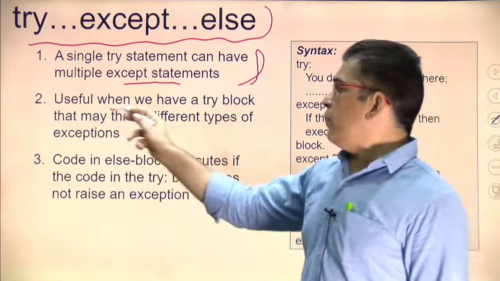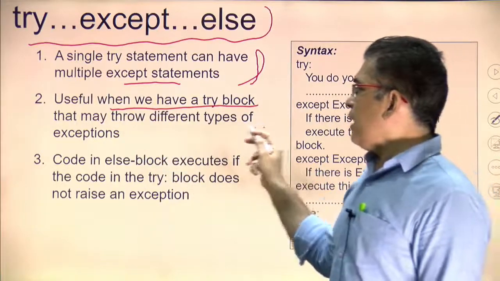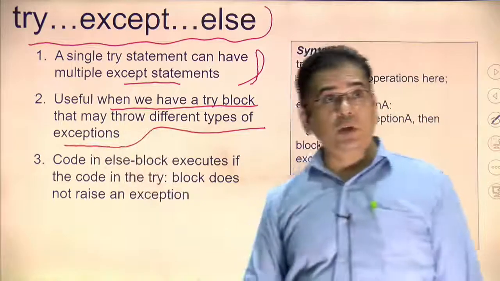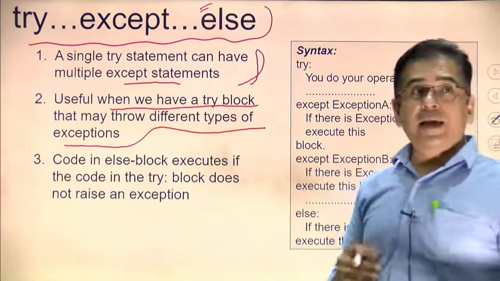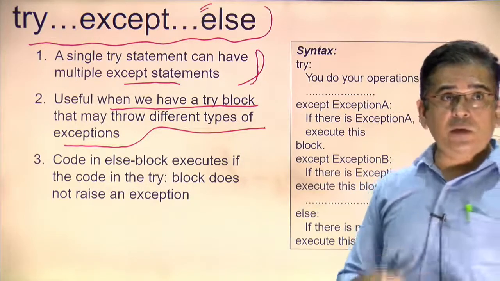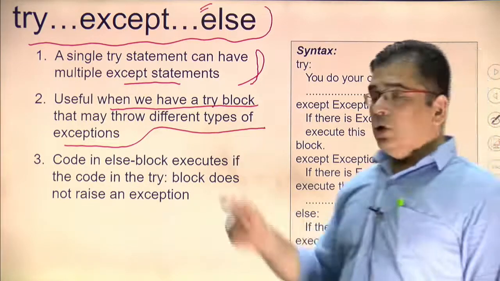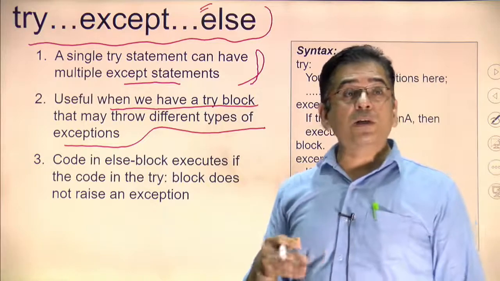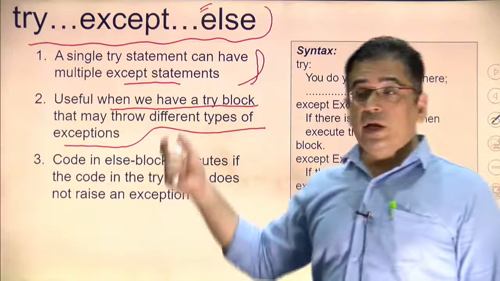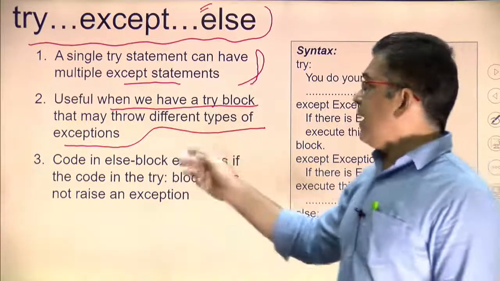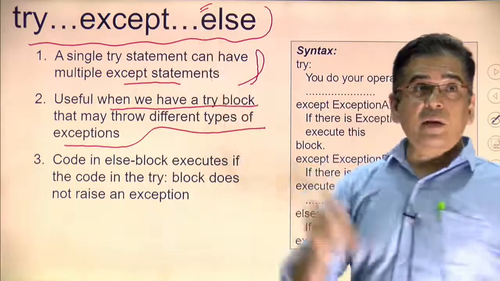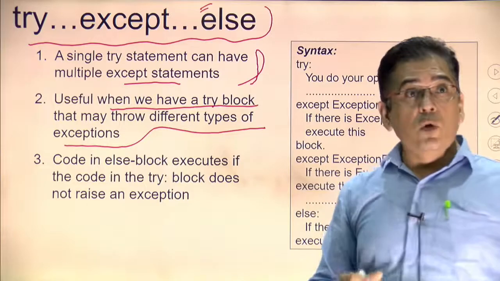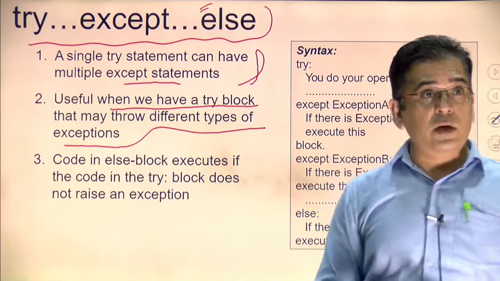It is useful when we have a try block that may throw different types of exceptions, as with if-else conditions. You are not sure what kind of exception may arise at runtime when executing this block of code, so this first method, try, except, else, is very beneficial to handle more than one type of error at runtime.